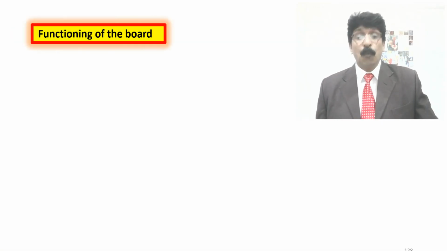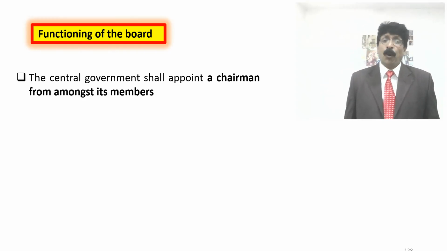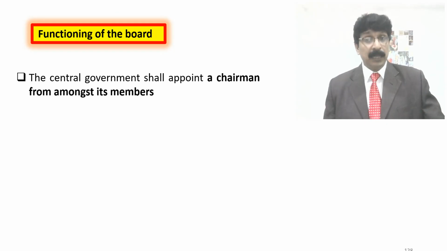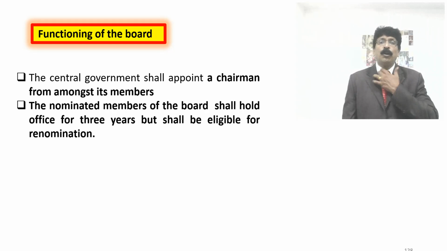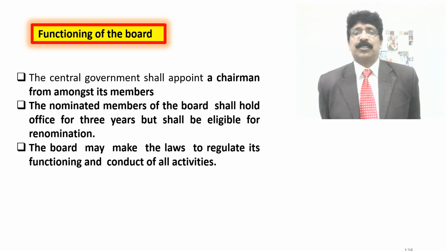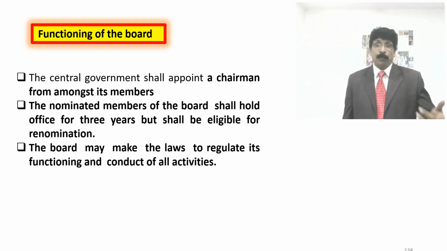What is the function of this board? The central government shall appoint a chairman from among its members. The nominated members of the board shall hold office for 3 years, but shall be eligible for re-nomination also.